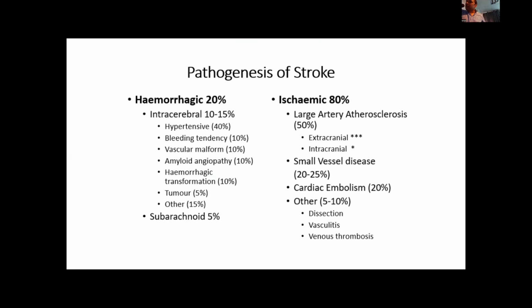what the Oxfordshire classification misses, of course, is the nuances of stroke medicine, and it doesn't really tell you a lot about the types of vessels affected. It doesn't tell you a lot about mechanism. So we know 80% of strokes are ischemic.